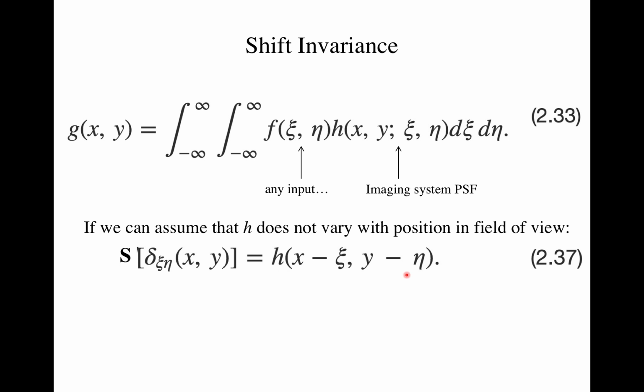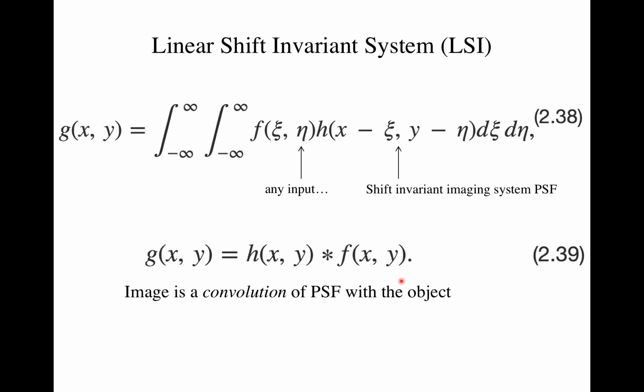And so that's a big simplification and a big assumption. Now the equation, instead of having all those parameters up here, is truly just two variables, right? And all of these h's, regardless of where you are in the plane, are the same, instead of having the eta and the psi causing you to have a different h everywhere you perform this integral, right? So this is called a shift invariant imaging system or a shift invariant linear system.